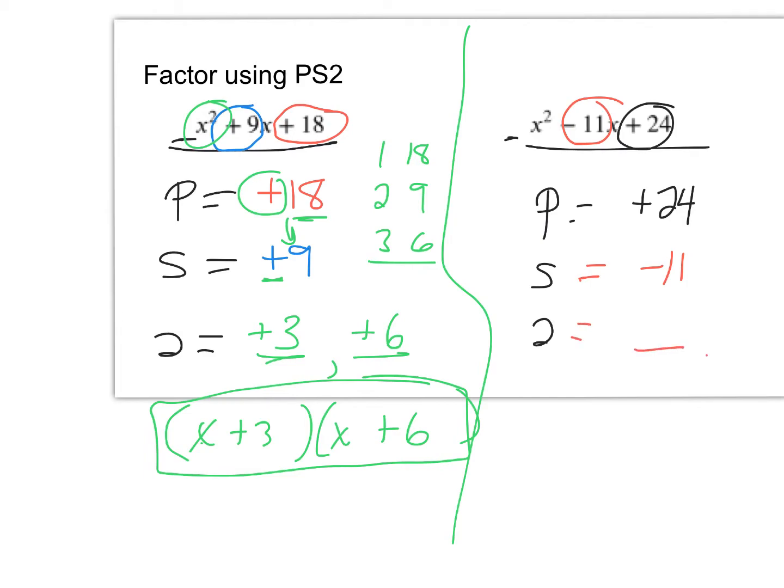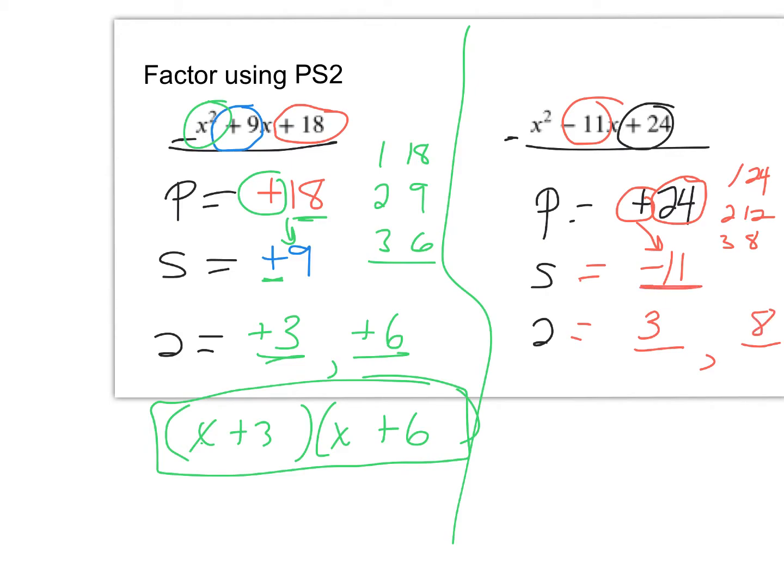Two numbers that multiply to 24, but add to give me an 11. Not negative 11 right now, we just want the 11. So again, if you're not sure, multiples of the product, 1 and 24. That doesn't work. 2 and 12. Nope, that's 14. 3 and 8. That'll give me 11, so let's go 3 and 8.